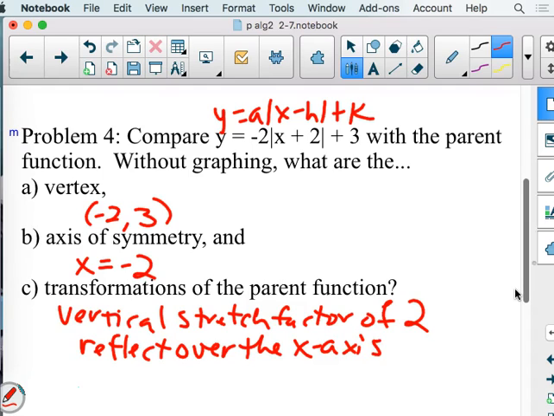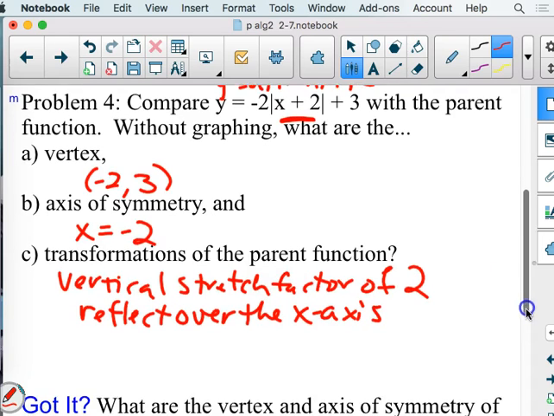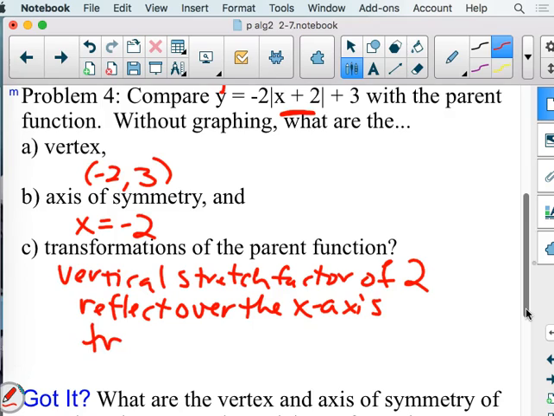Now those can be done in any order. So if you're thinking we go left to right, then we dealt with the 2 first. It doesn't matter. You could do the negative first. You could say reflect over the x-axis, then vertical stretch factor of 2. Same thing. Now we've got to deal with this. What's that doing? 2 to the left. So translate 2 units left.